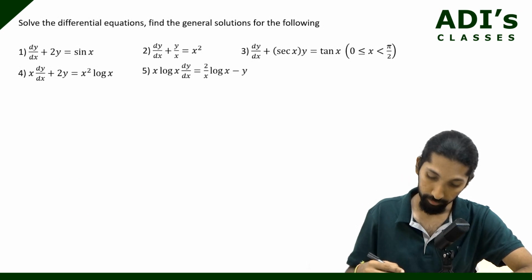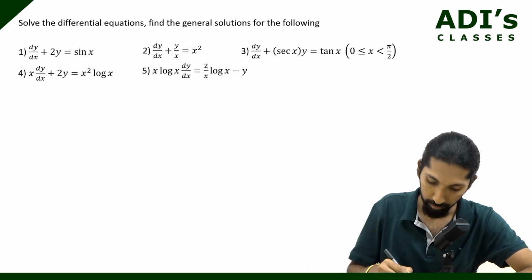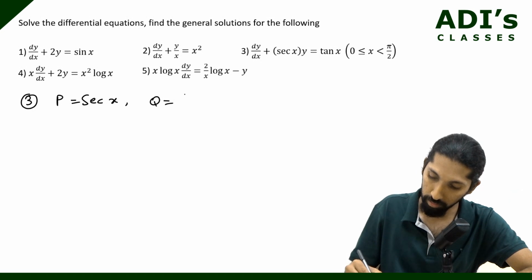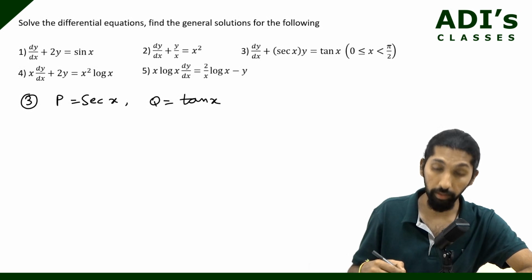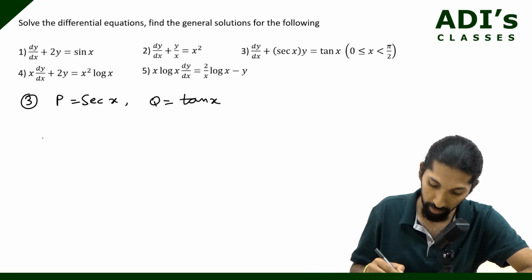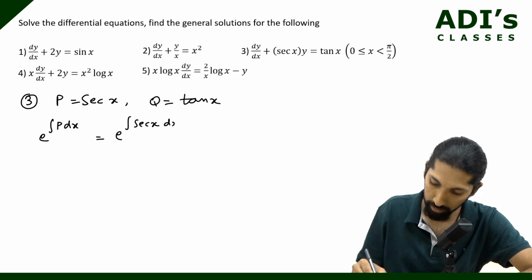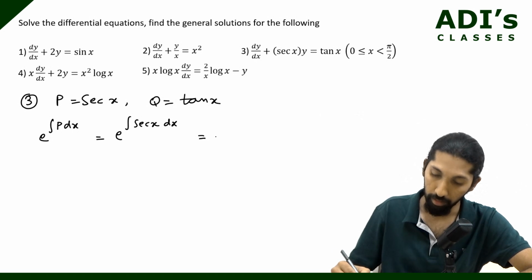See the third question. You have, see, p value is nothing but secant x, q value is nothing but tan of x, correct? Now integrating factor, we have e to the power of integral of p dx, integral of secant x dx, right?